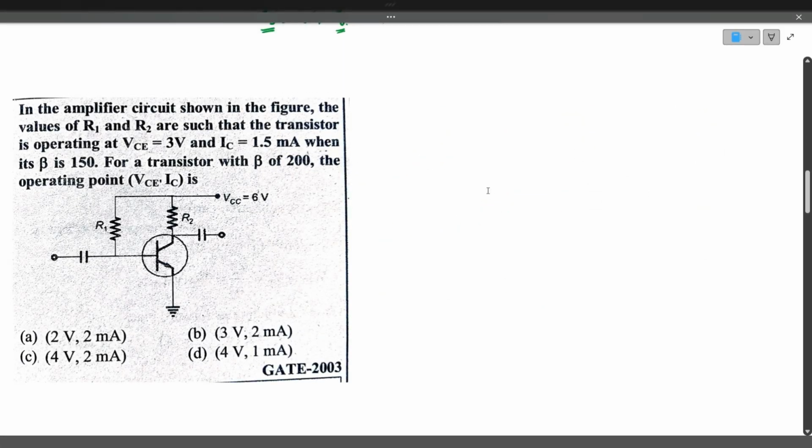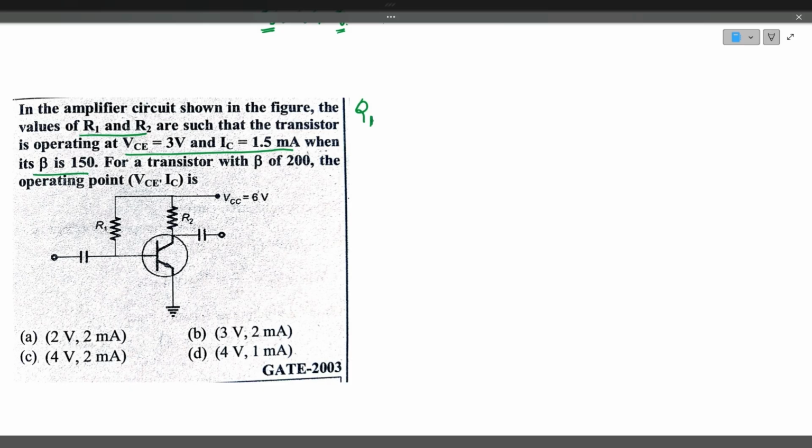In the amplifier circuit shown in the below figure, the values of R1 and R2 are such that the transistor is operating at VCE of 3 volts and IC equal to 1.5 milliamps when beta is 150. So this is the Q point.